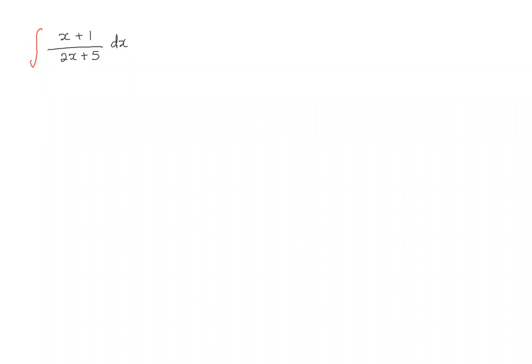Maybe you can split them up. Okay, how? Suggestion? X over 2x plus 5 and plus 1 over 2x plus 5. Okay, if you say like that, can. Then I also have an issue on this. How am I going to integrate this one? Can, but I still have a problem here.